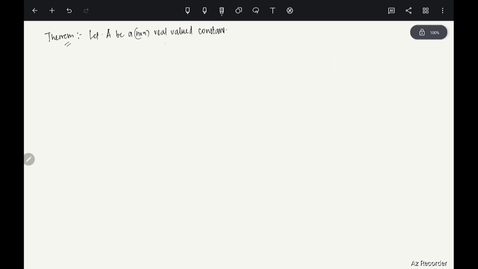What is real valued constant? Basically, let's just say it is a constant matrix, a real constant matrix essentially. Real constant matrix.